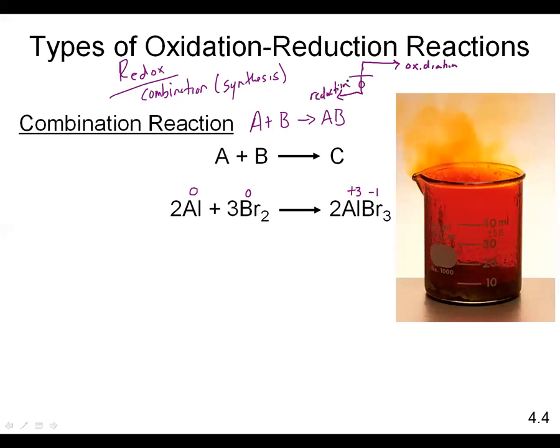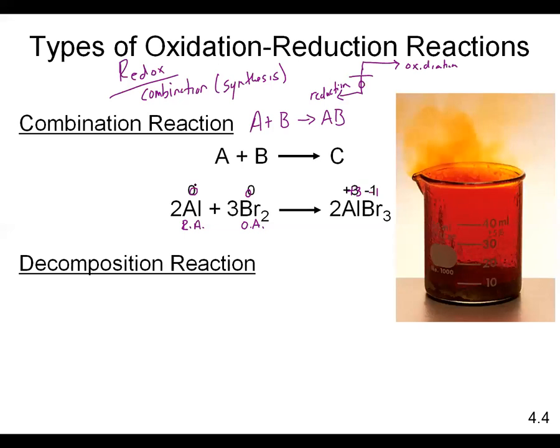And it is still a redox reaction as well. By the way, in this case, since the aluminum is going through oxidation, this would be our reducing agent. And the bromine, which is going through reduction, this would be our oxidizing agent in this case.